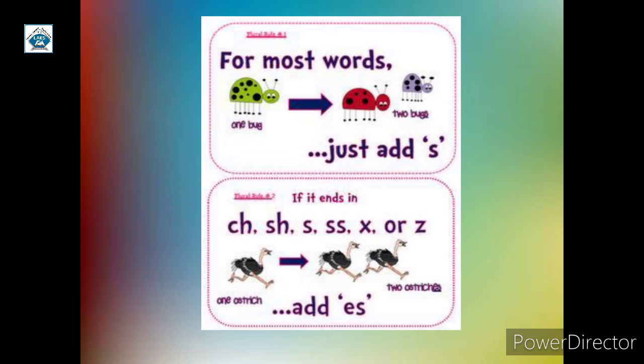While converting into a plural form, you will add ES, that is OSTRICHES, ostriches. Few more examples like push, pushes, class, classes, volcano, volcanoes, ox, oxes.